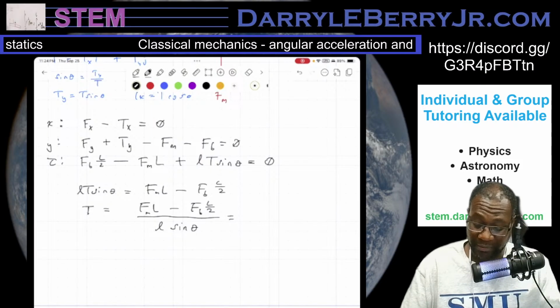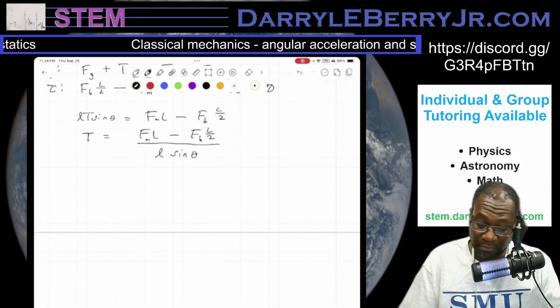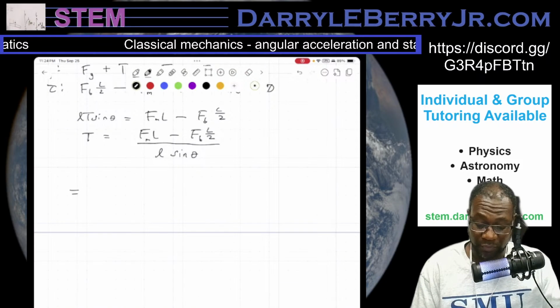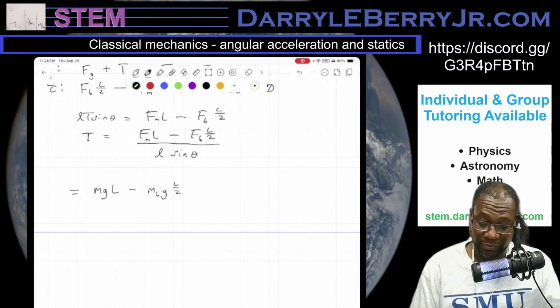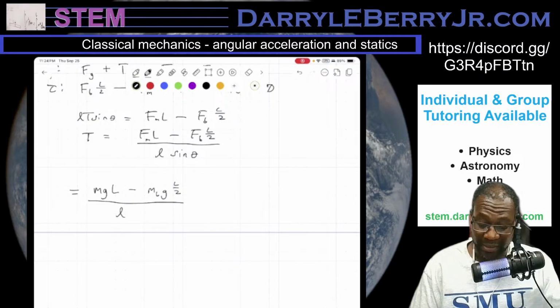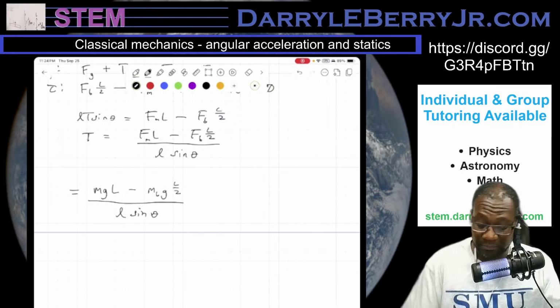So let me actually write what everything is. So we have m g L minus m_b g L over 2 divided by L sine theta.